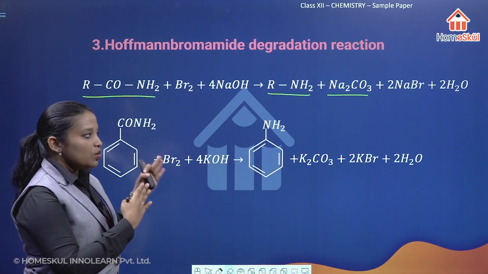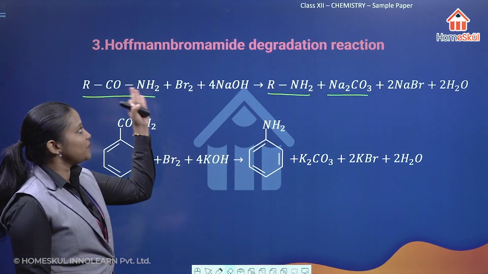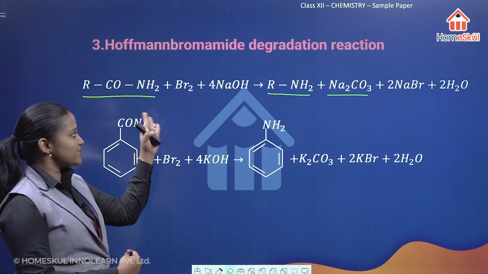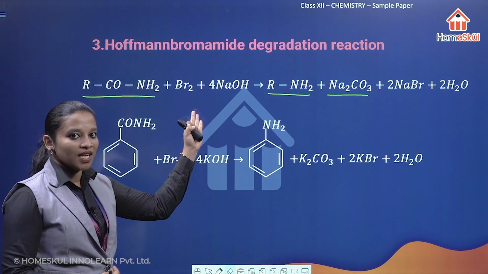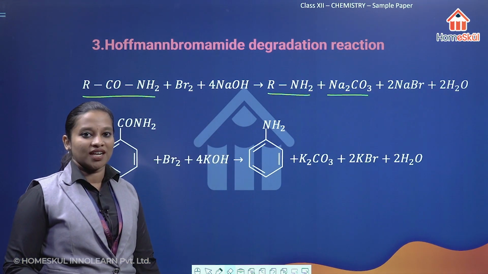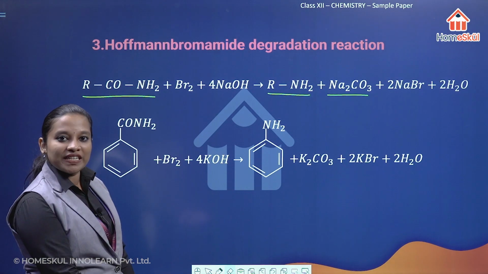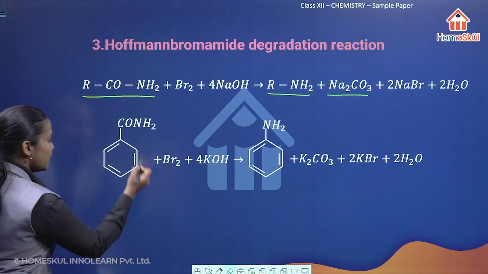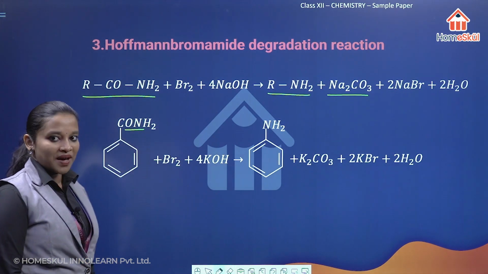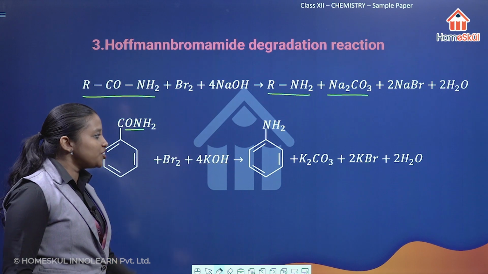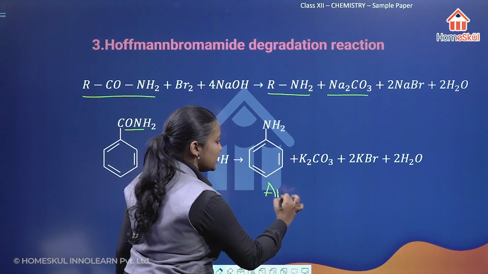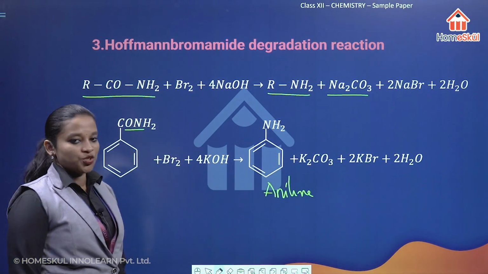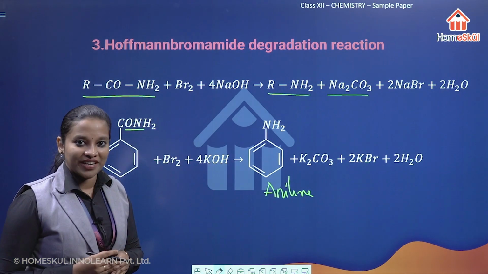This whole reaction can be explained from the name of the reaction: Hofmann bromamide, the amide reacts with bromine, and degradation means the product will contain one carbon atom less than the parent one. We can take an example here. An aromatic amide reacts with bromine and KOH and results in the formation of aniline, an aromatic amine, plus K2CO3 plus KBr plus 2H2O. These are the byproducts.